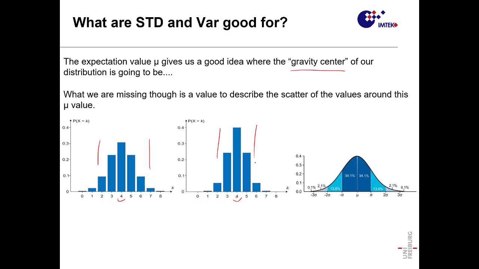And if you happen to have a distribution that is bell shaped, what's sometimes called a Gaussian or normal distribution, if you add one standard deviation to the average, or subtract one standard deviation from the average, in total you will have 68% of the points of the distribution.